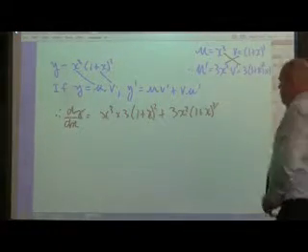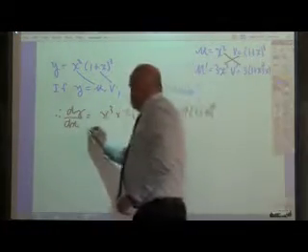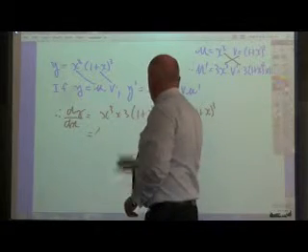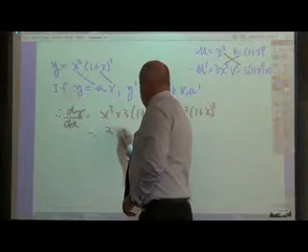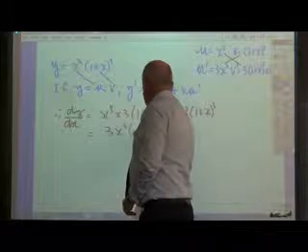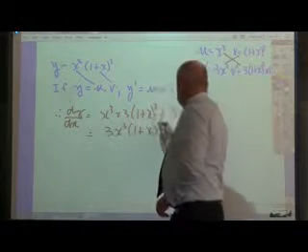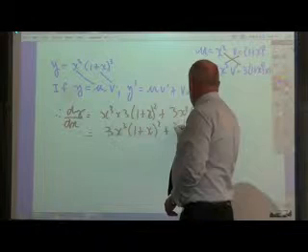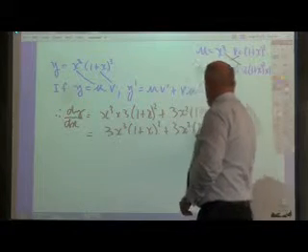Now we do need to tidy this up quite a bit. So let's just say it's equal to 3x cubed, 1 plus x squared plus 3x squared, nothing much to do there.